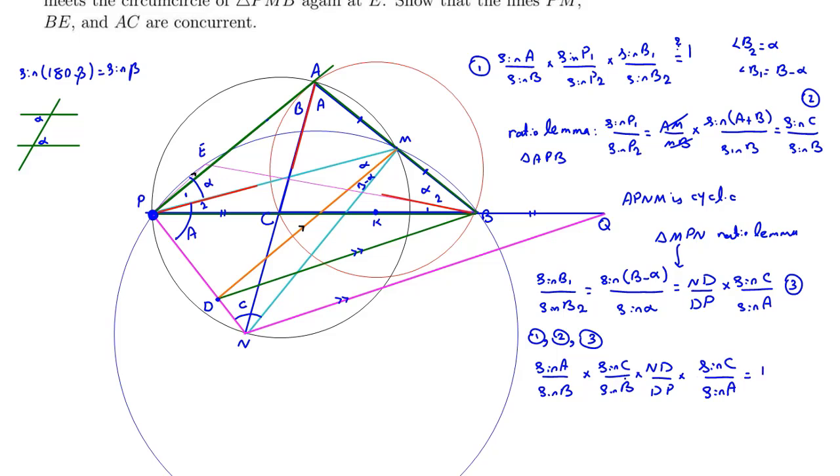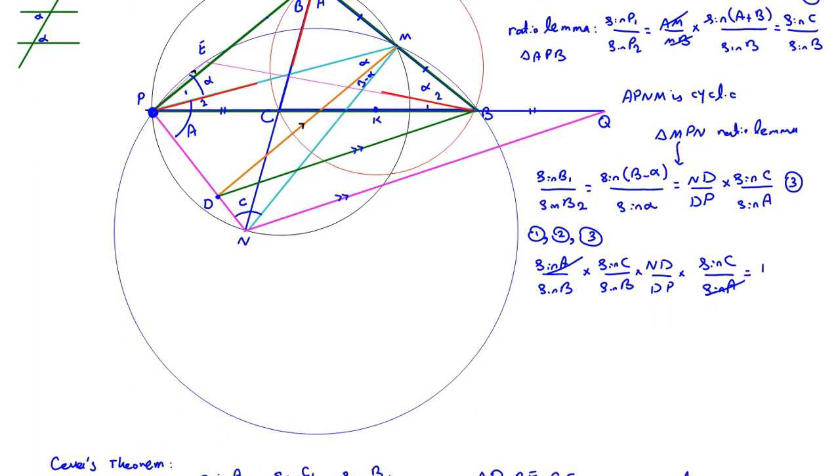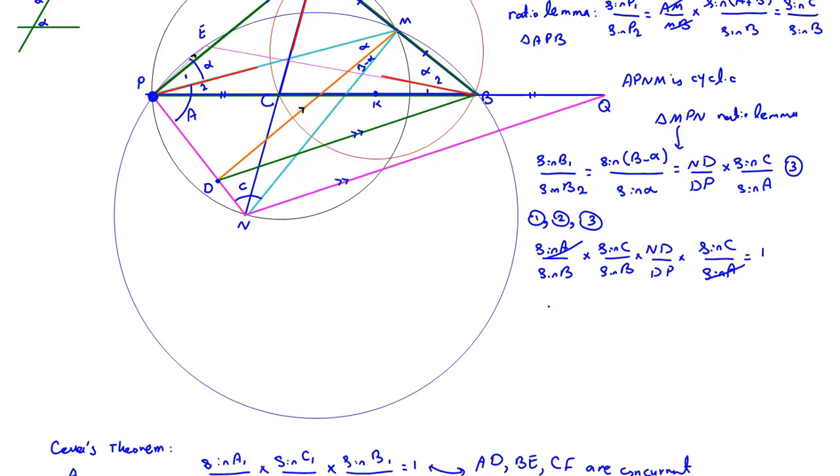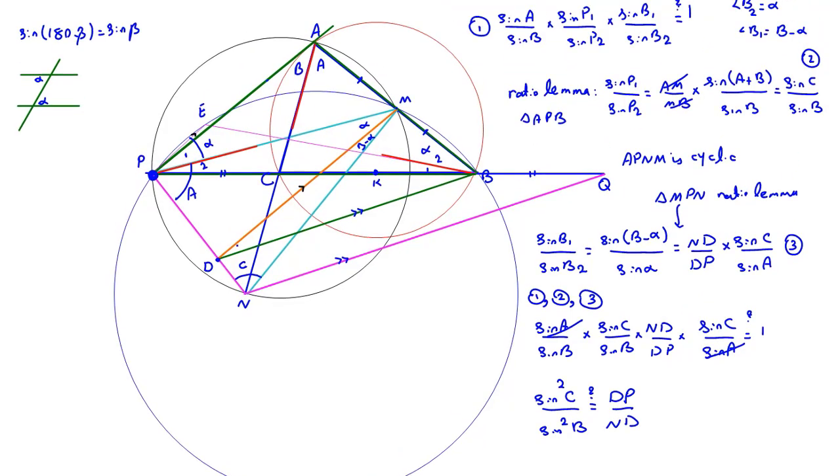So we can cancel these two things, and we should prove that sine C squared over sine B squared equals DP over ND. So let's focus here on DP and ND.